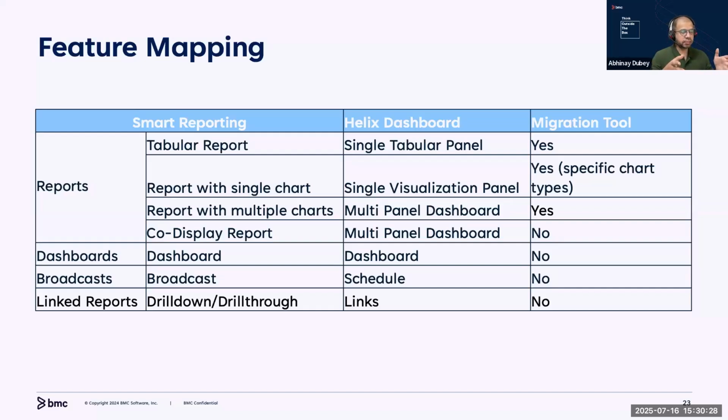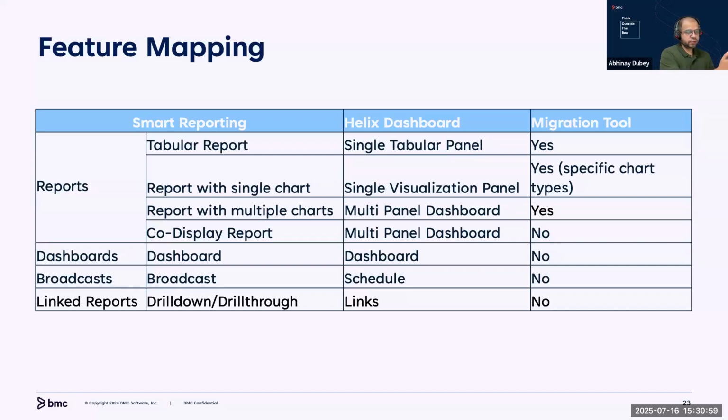So that sets the stage for how you think about reporting in general, and also how you are going to plan your migration. Any object type in the Smart Reporting world which had multiple visualizations, be it a co-display, a report with multiple charts in it, or a dashboard, will all map to a Helix dashboard, which has multiple panels in it, right?